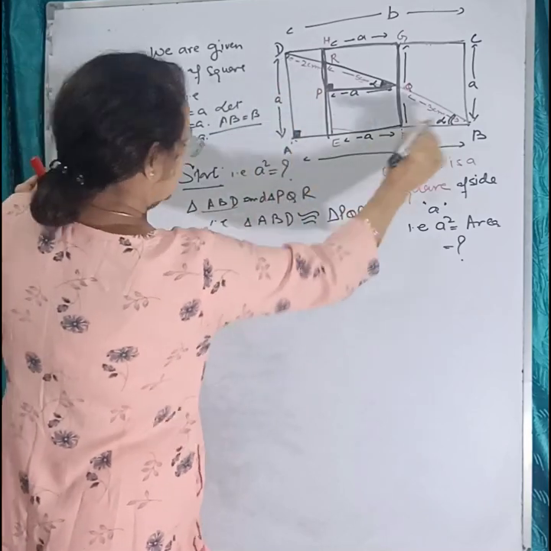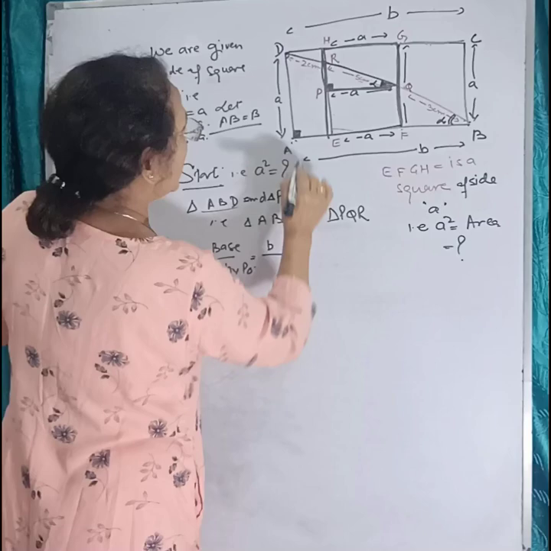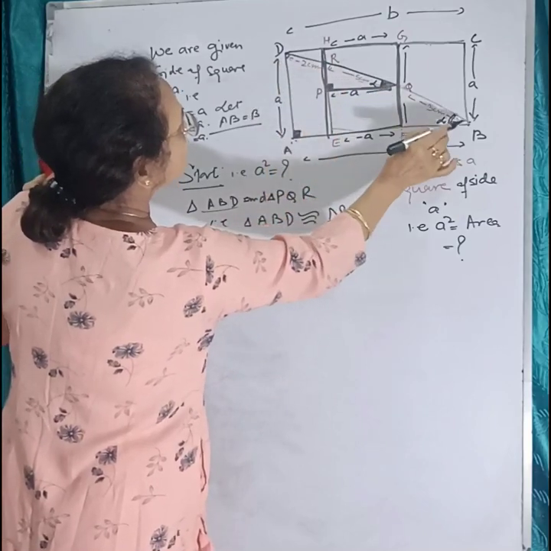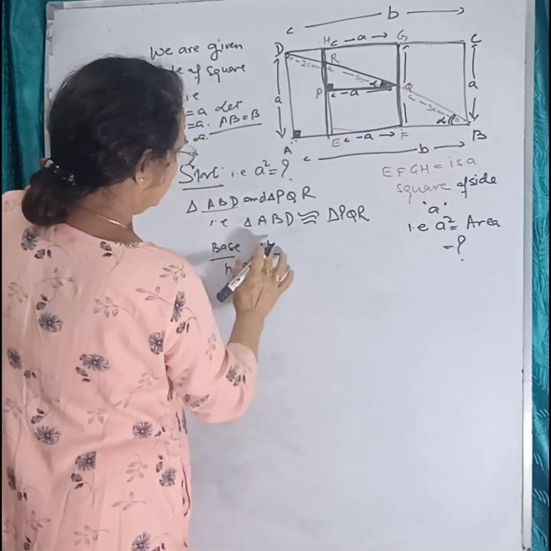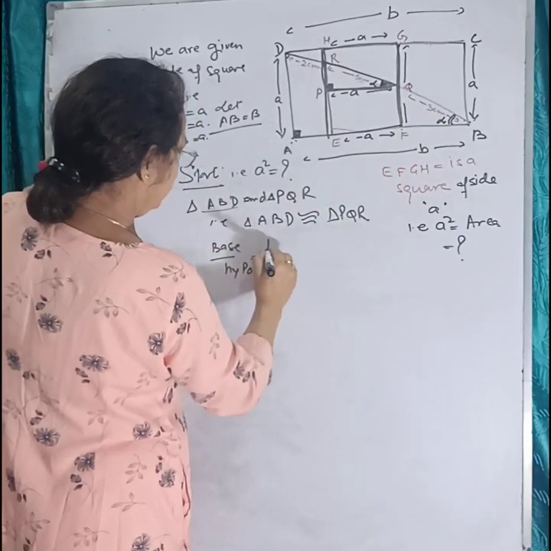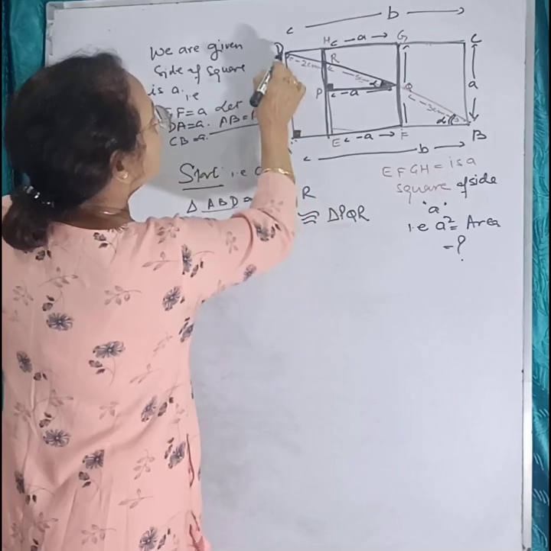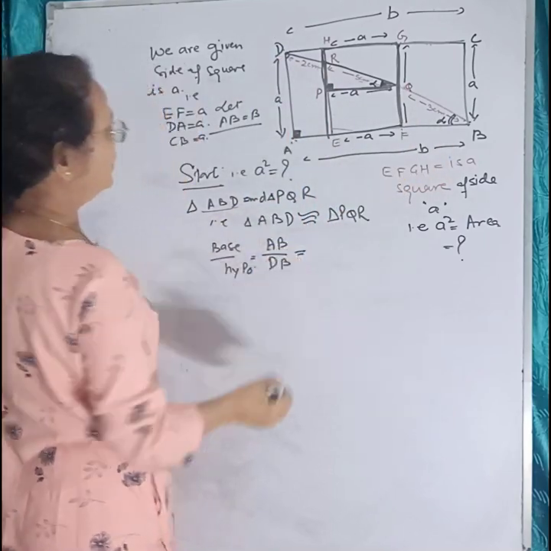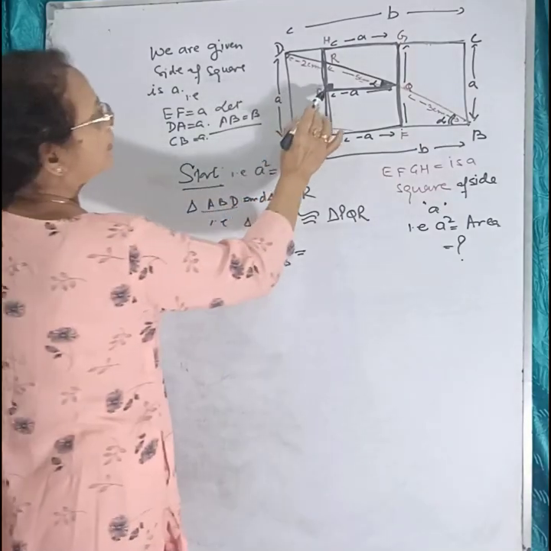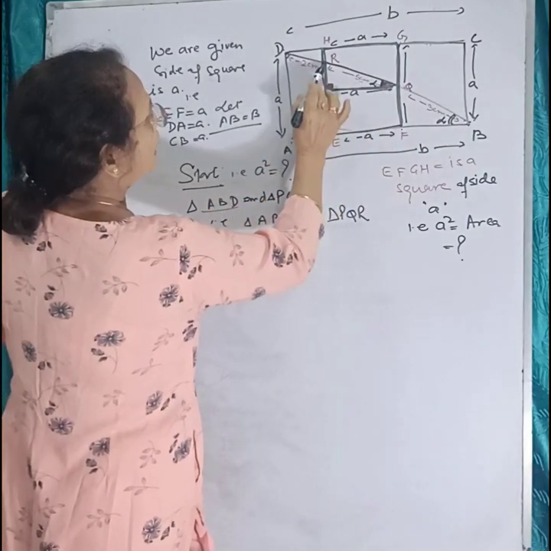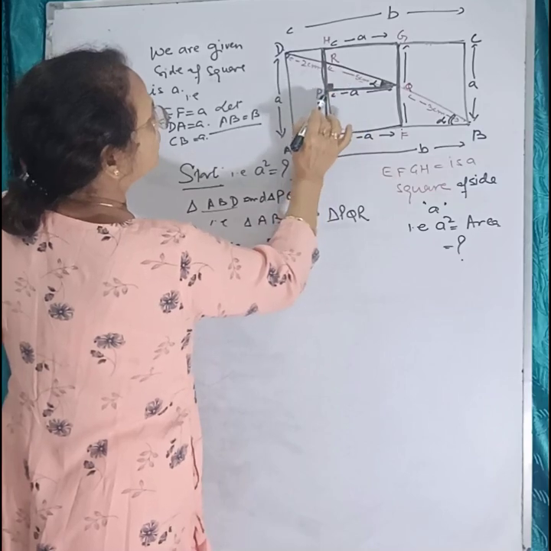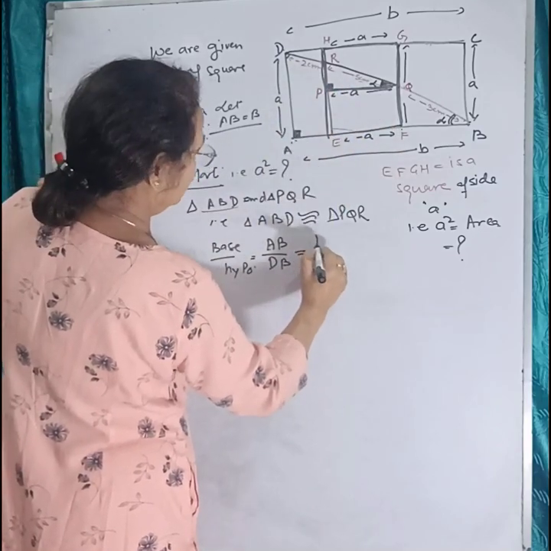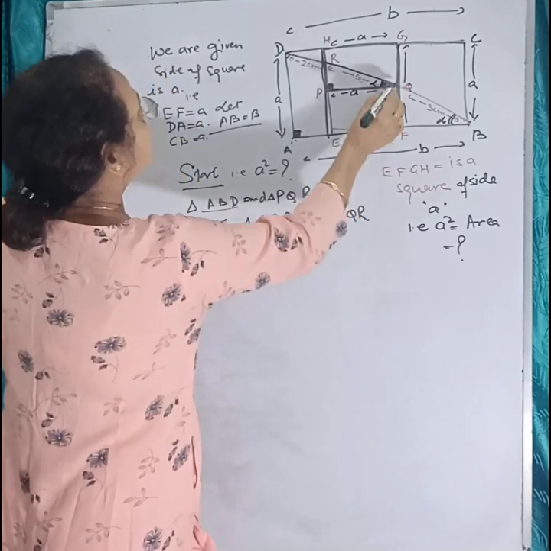Base is equal to B, upon hypo is equal to 2 plus 5 plus 3. पहले बेस लिखते हैं. AB upon DB. This will be equal to base upon hypo of this triangle PQR. Base is equal to PQ, upon hypo is equal to QR.